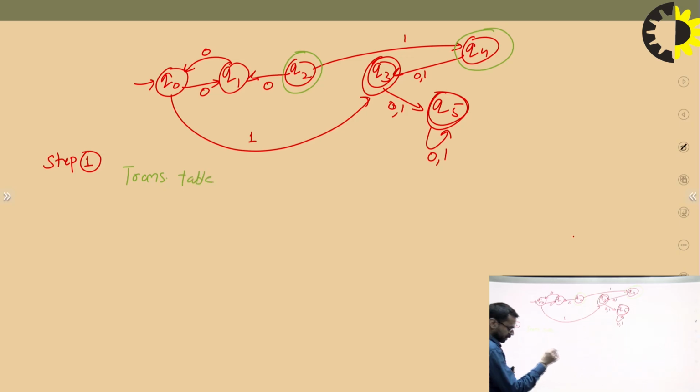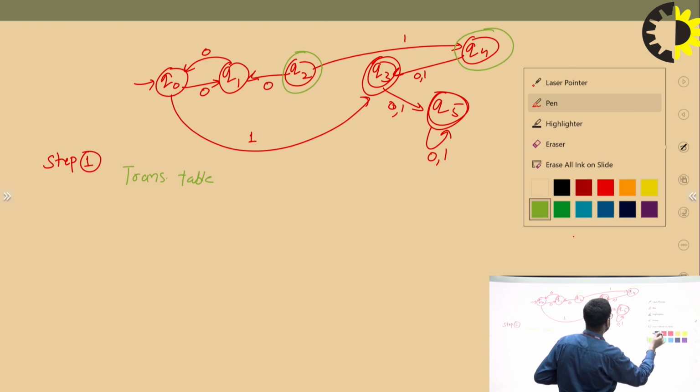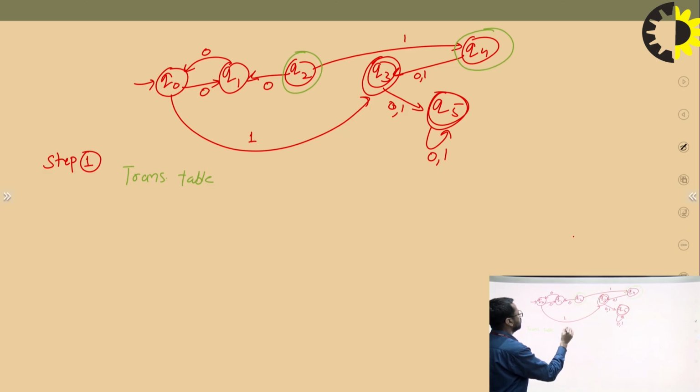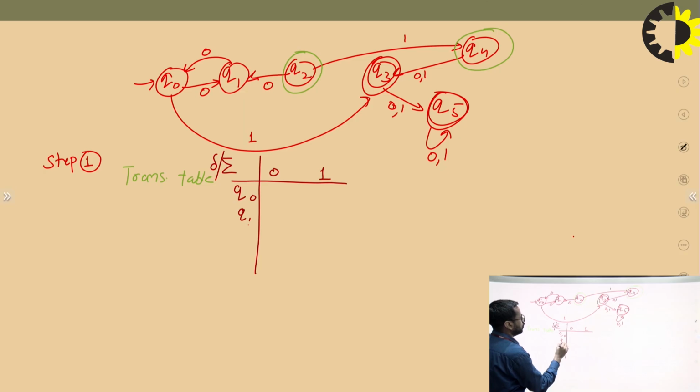will look like this. For the input symbols 0 and 1, the states are Q0, Q1, Q3 and Q5.